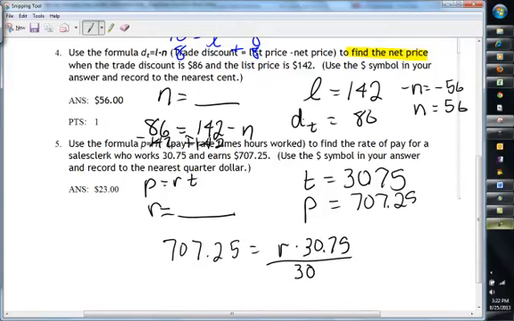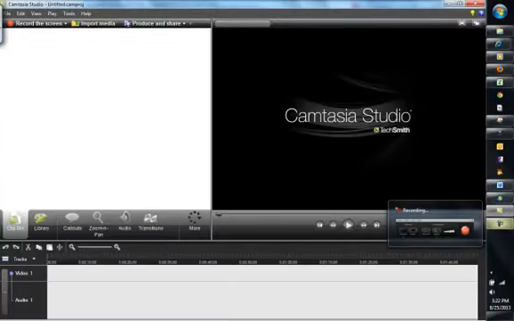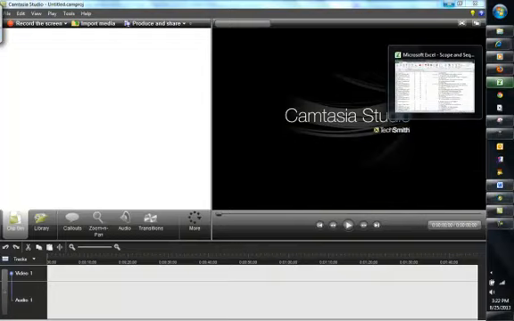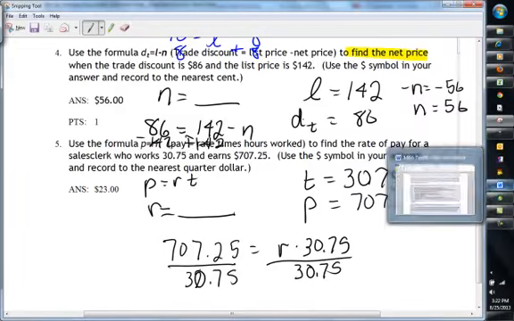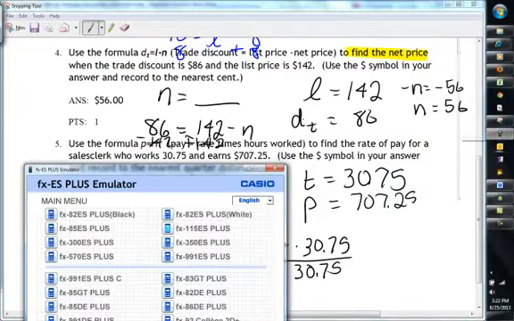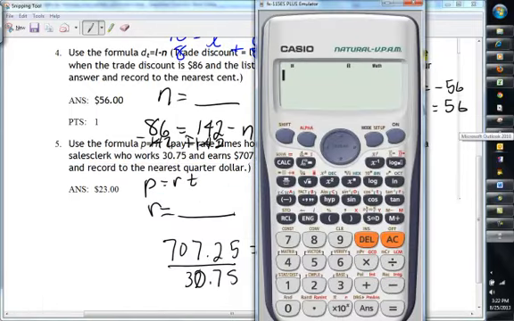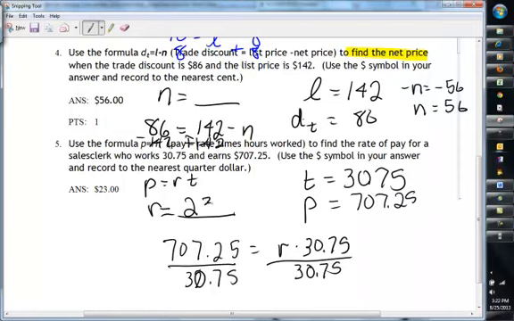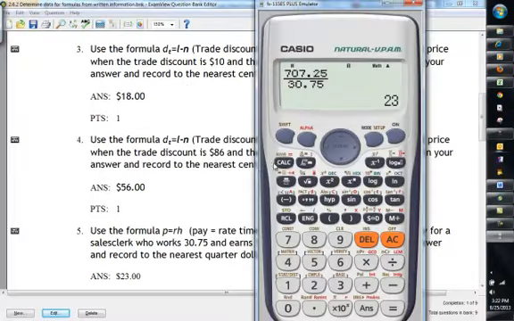Divide both sides by 30.75. On our calculator, we would type 707.25 over 30.75, and we would get $23 an hour. So our answer is 23.